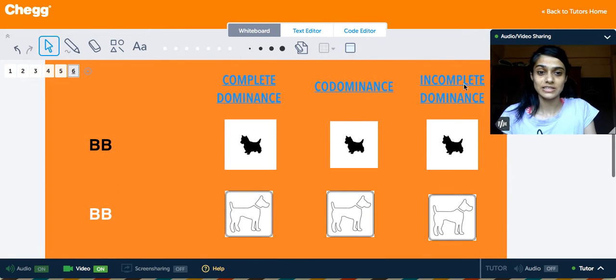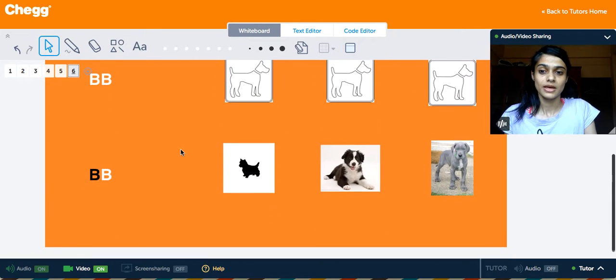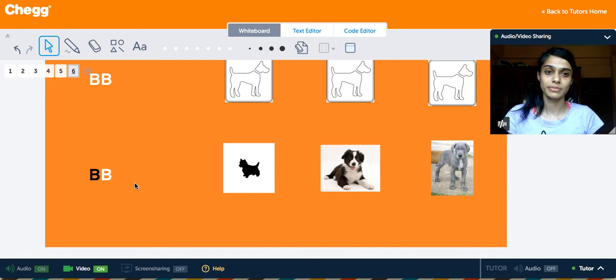In the last case, in incomplete dominance, when the dog is heterozygous for the fur color gene of black and white, you get manifestations of a mixture of both these genes. So when you say incomplete dominance, it means that even though the black B allele is dominant over the white B allele, it is not completely masking its effect.